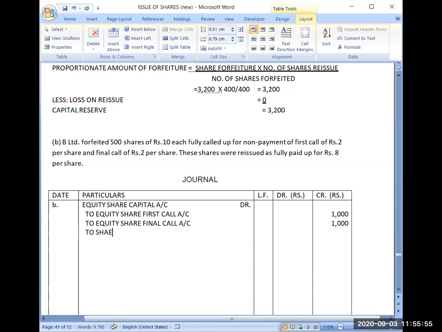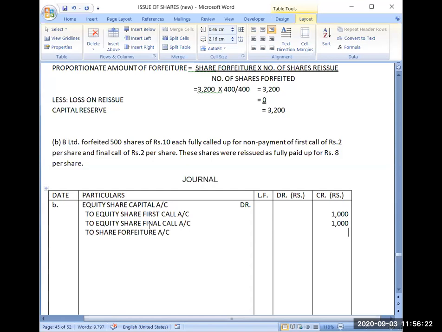share forfeiture account. Because out of 10, 2 rupees I have not received for first call and 2 rupees I have not received for final call. So that means out of 10 I have not received 4. So then how much I have received? 6.